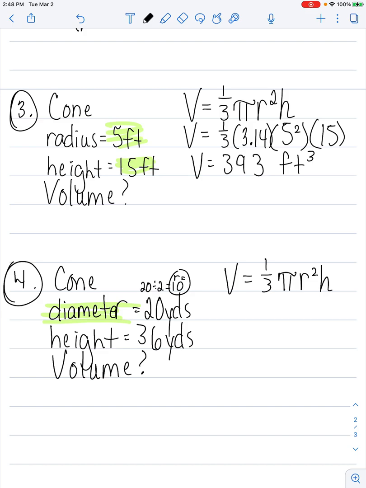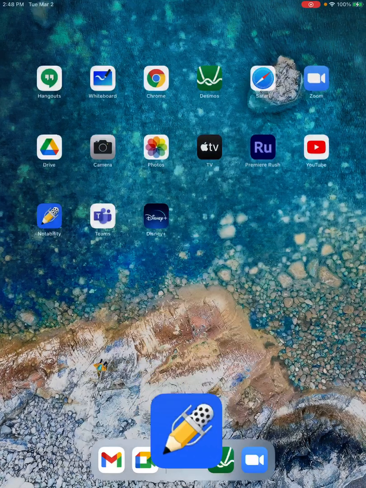Now let's plug in our numbers. Volume equals 1/3 times 3.14, which is pi, times my radius, which is 10 squared, times my height, which is 36. Now I plug that in my calculator to calculate my volume.